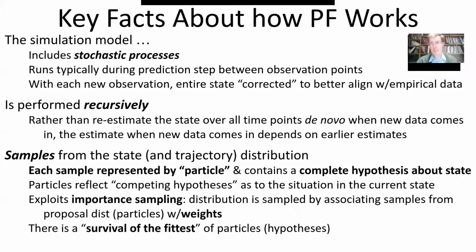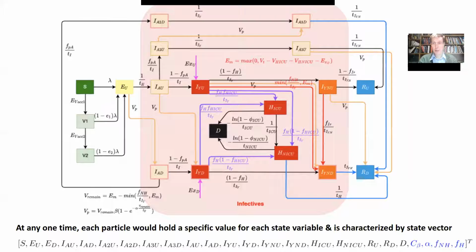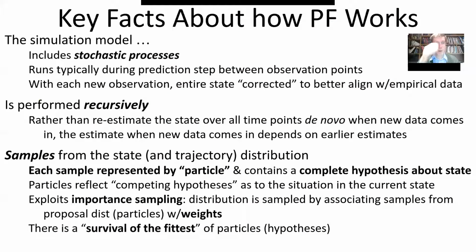So a couple of key facts about how particle filtering works, on its own and as it's incorporated as a piece of particle MCMC. This is an approach which takes a stochastic underlying compartmental model, here a transmission model, and runs it forward.